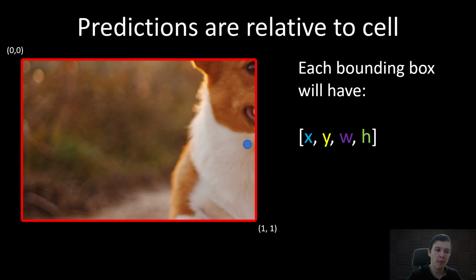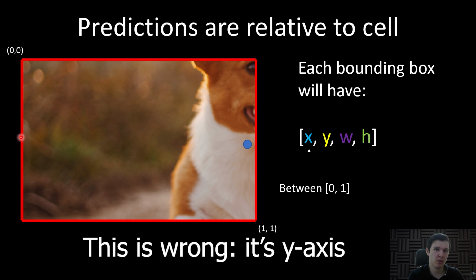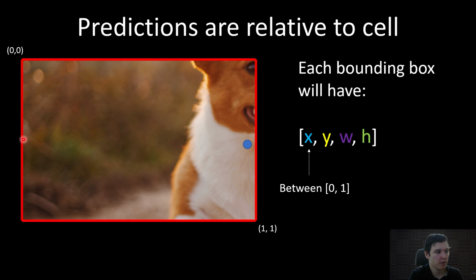And so if we step through one of those at a time, the X value will be between 0 and 1, right? So I think the X value is across this axis actually. And so it will be between 0 and 1 because we have zoomed in on a cell that is responsible for the output. So we're sort of assuming that there's an object here. So it will be in the center right here, perhaps, maybe 0.5 then.